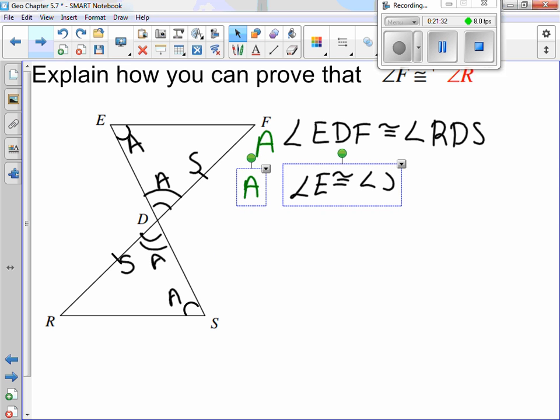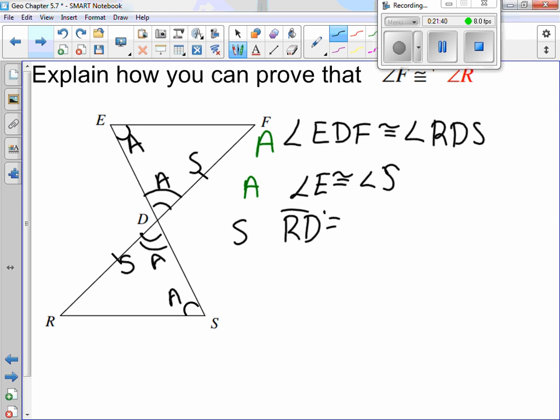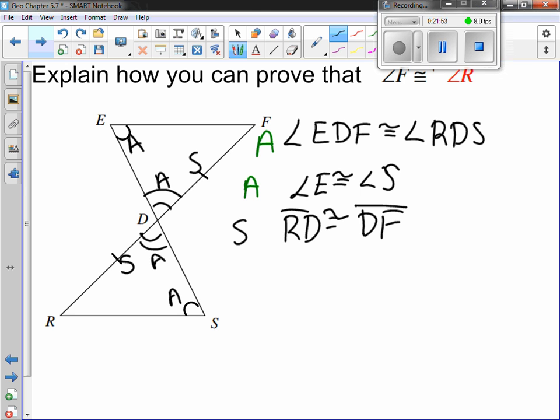This would need to be here. And we would say our side, RD, is congruent to DF. As this is by angle, angle, side. We have two congruent sets of angles followed by a congruent set of sides.